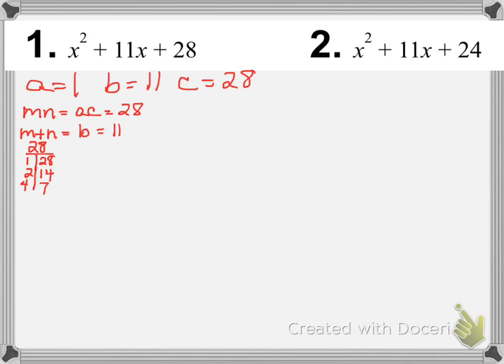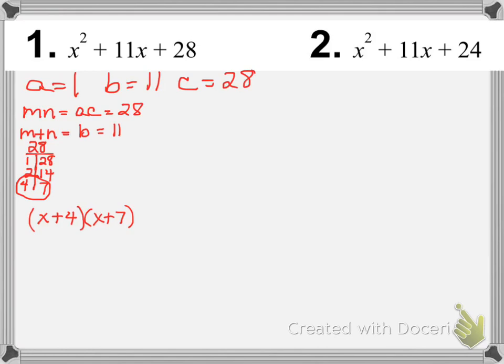So we look at those factors where we add them. 1 and 28, if I add those, equal 29. 2 and 14 equals 16, but 4 and 7 equals 11. And so I go ahead and split up my x's, and it's going to be x plus 4, x plus 7. So I encourage you to work on the other one, go ahead and pause it and see if you can figure it out.